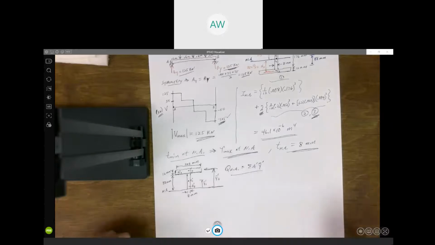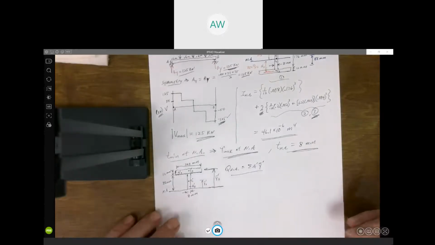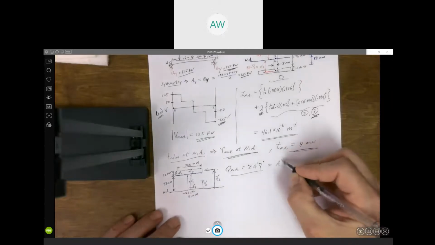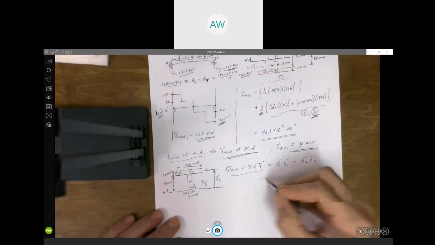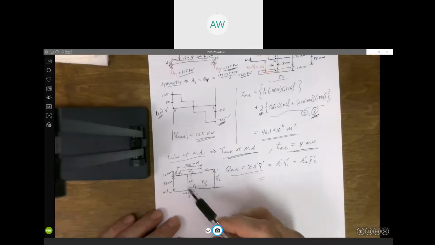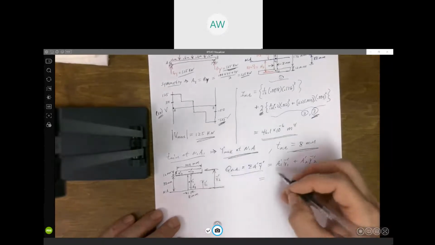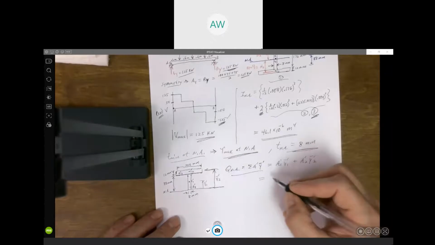So let's see, I think I got all my dimensions on there. So we're going to take A prime 1 times y bar prime 1, add that to A prime 2 times y bar prime 2. So this area, A1, is 8 millimeters wide by 88 millimeters tall. So I'm going to put it in meters again.